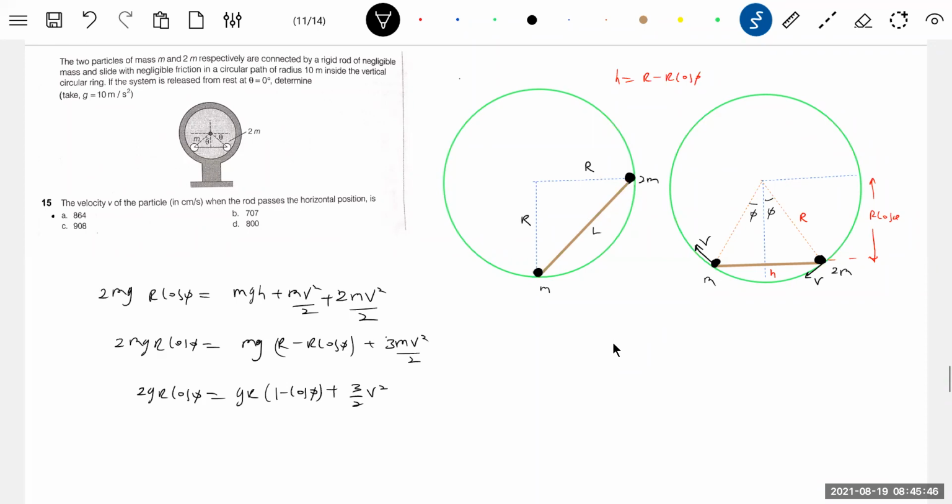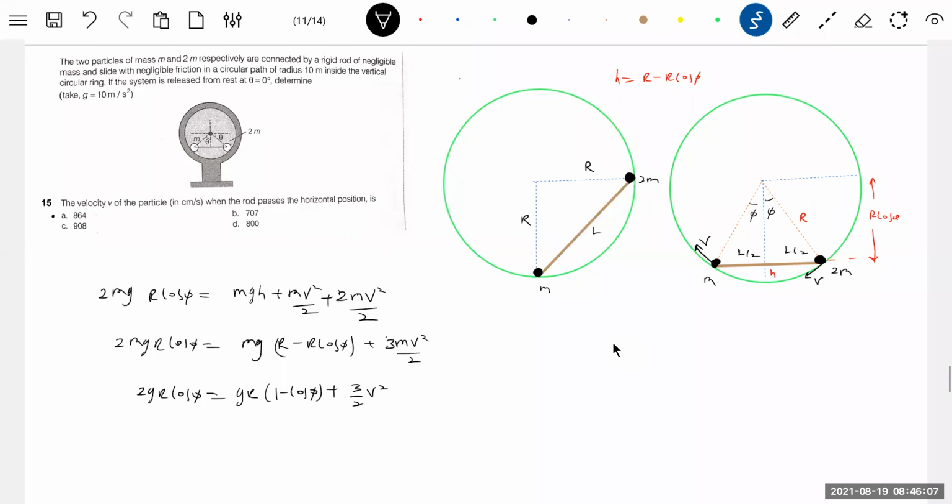We don't know phi. What to do with phi? Anybody answers how to bring in the phi? L by 2, L by 2.